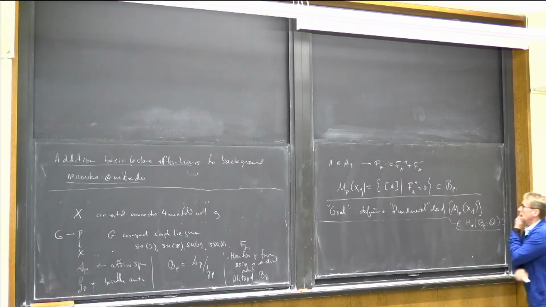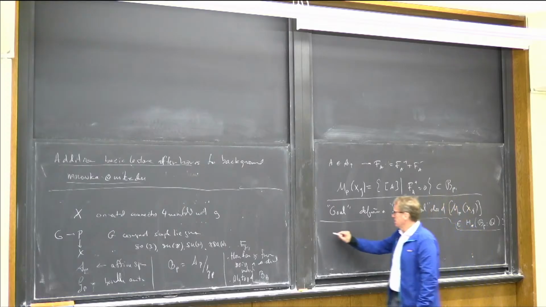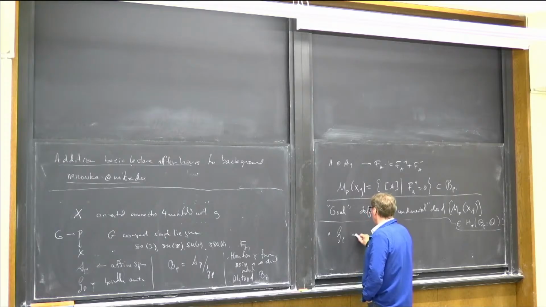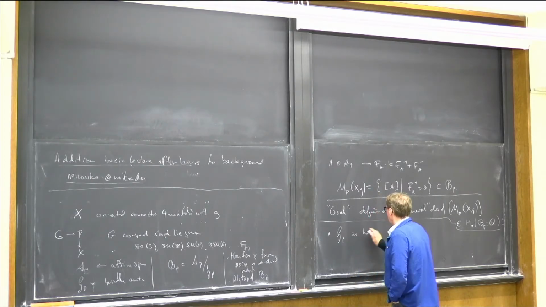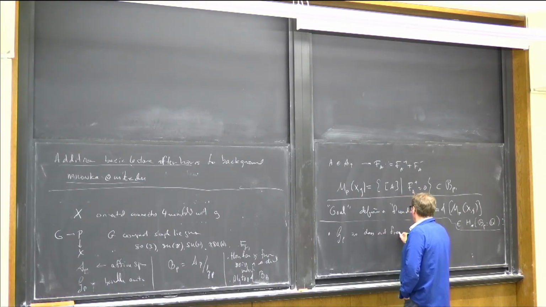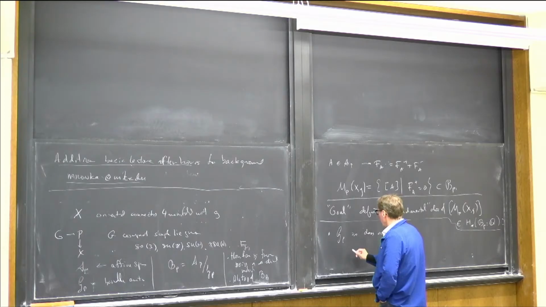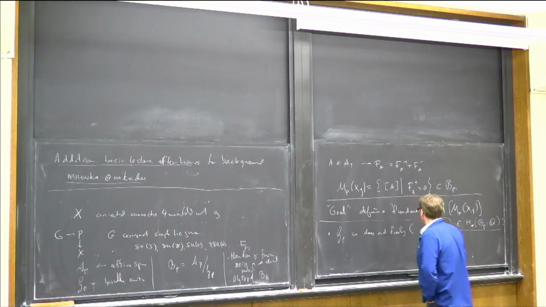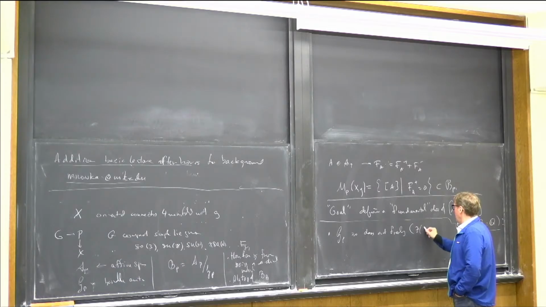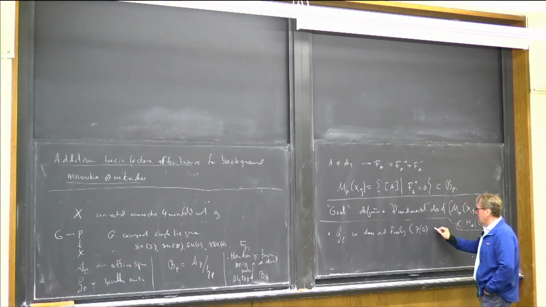Now, the first problem is that this action isn't free. I mean, first, it doesn't act freely if the center of G always acts trivially.